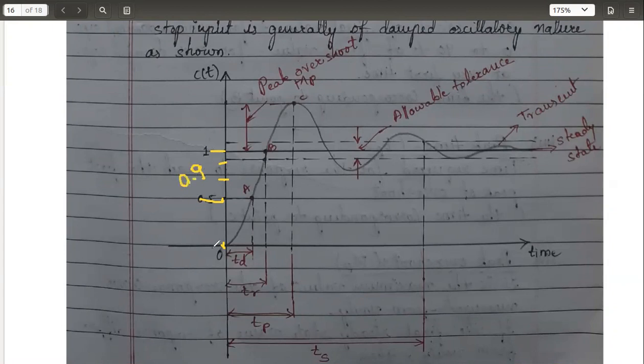Just divide this 0 to 1 as 1 point each, 0.1, 0.2, 0.3 like that. So somewhere here you will get the 0.9. That time will become your rise time. Okay, this is for overdamped systems. But what I have shown you in the figure, that is point B, it is to reach 100% of the final value.